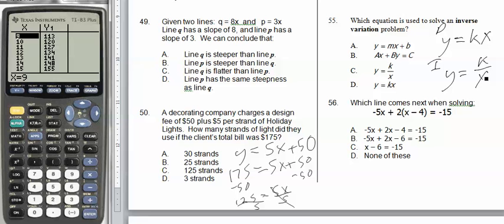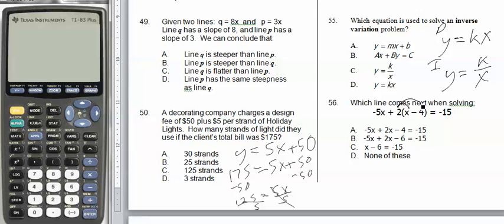Last one, which line comes next when solving this equation? If you'll remember, you have to simplify both sides of the equation as much as you can. So we're using PEMDAS for that: parentheses, exponents, multiplication, division, addition, and subtraction. So I see parentheses, I've got to get rid of them. I'm going to do that by distributing.